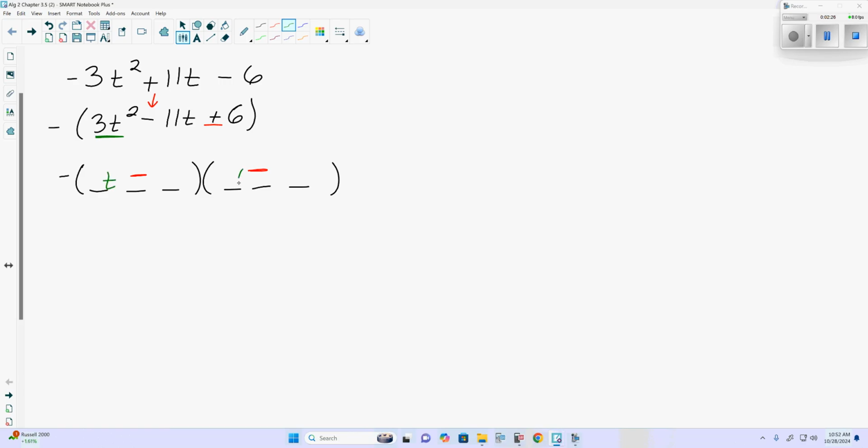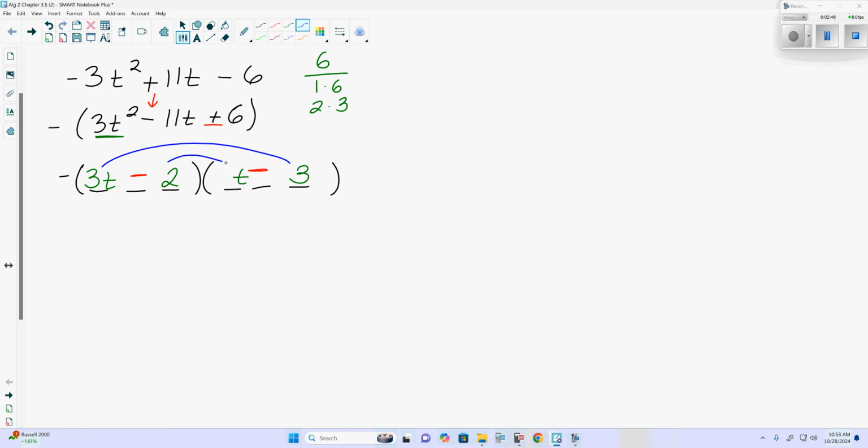So we'll have t and t, since that's the only factors of t squared, and the only factors of 3 are 3 and 1. So we can plug those in. Now our factors of 6, besides 1 and 6, are 2 and 3. I'm going to try 2 and 3 first.